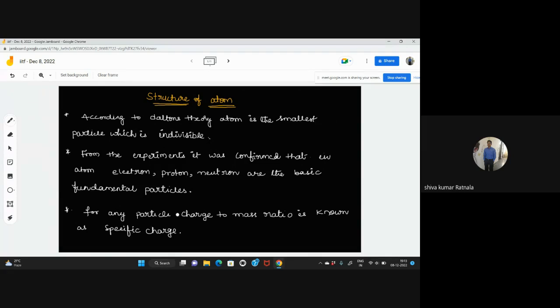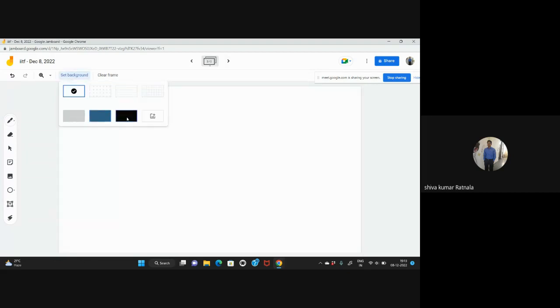From that, specific charge is equal to the charge of a particle, represented with E, upon the mass of the particle, that is M. So E by M is known as specific charge. Now let me take a particle.